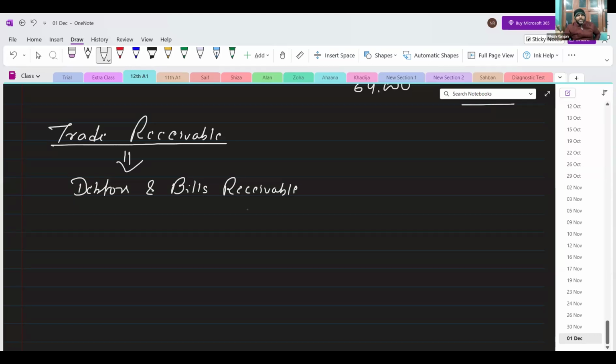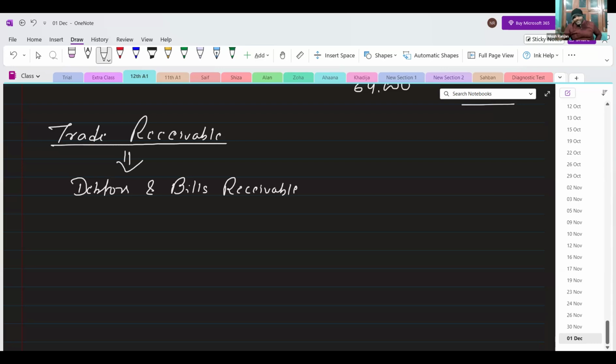So both are receivable and current assets. Trade receivable is debtors plus bills receivable.